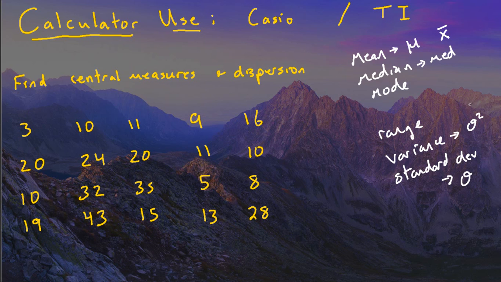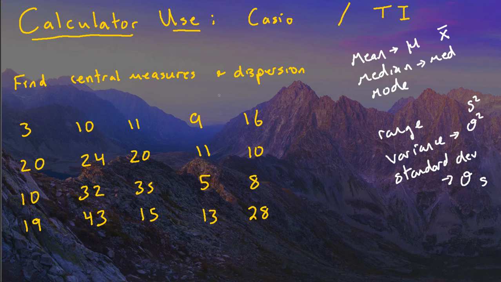Sometimes for variance and standard deviation, it's S squared and S. It just depends. Well, actually, it's not going to impact us too much, but the ones on the left with the Greek letters, those are for if your statistics represent a whole population, and the ones on the right are the symbols if it represents a sample. But for what we're doing today, it's really not going to matter.